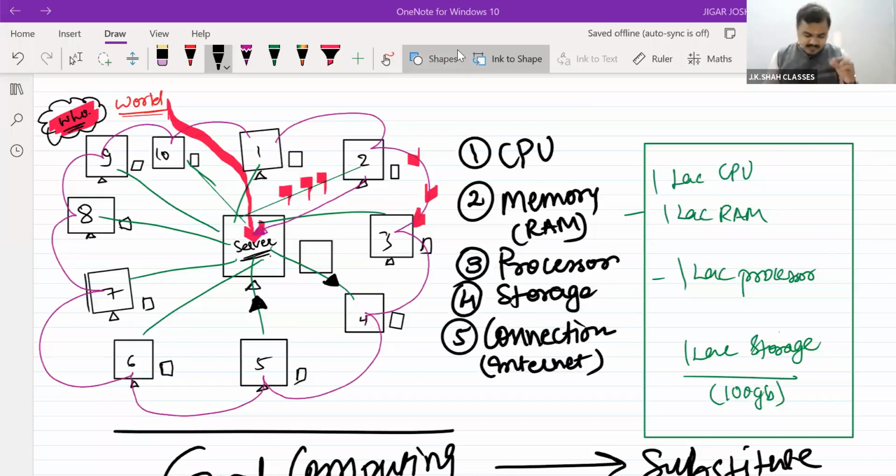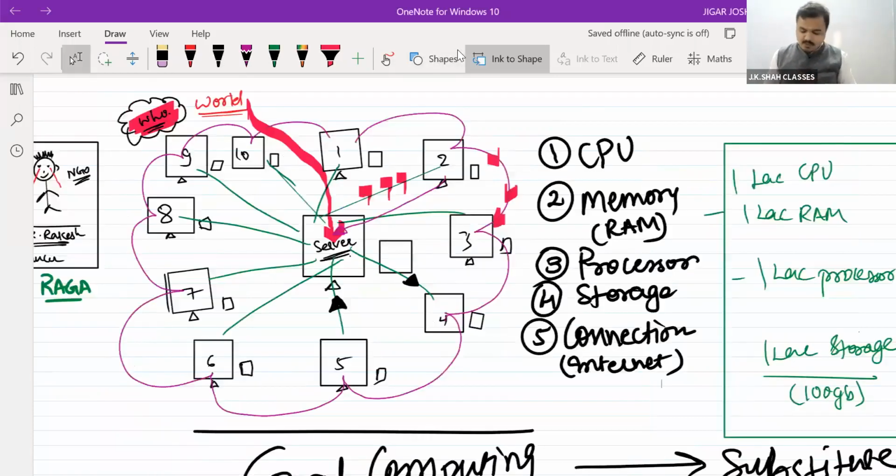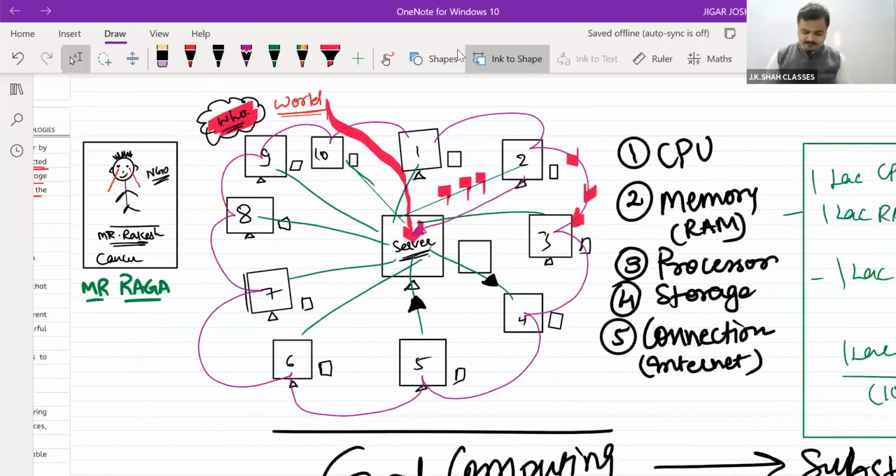Agree? Yes. Now, in this entire scenario, people, who wants to process the data? Sir, Mr. Rakesh wants to process the data. So data will be processed according to my requirement, or according to Mr. Rakesh's requirement. Sir, according to Mr. Rakesh's requirement. Agree.